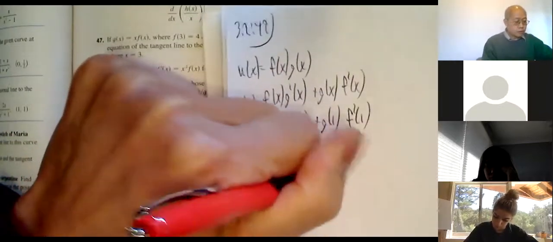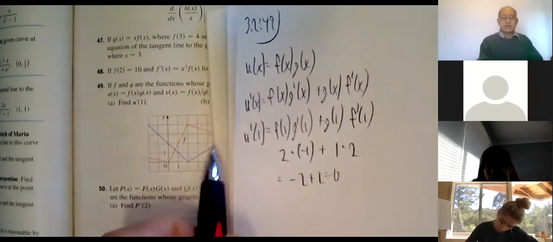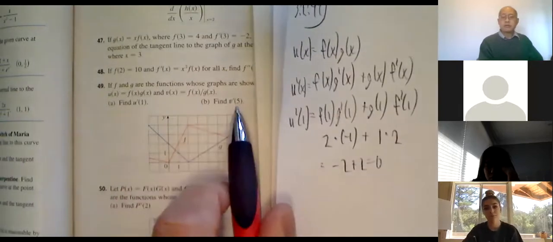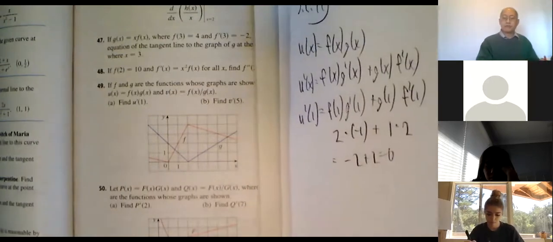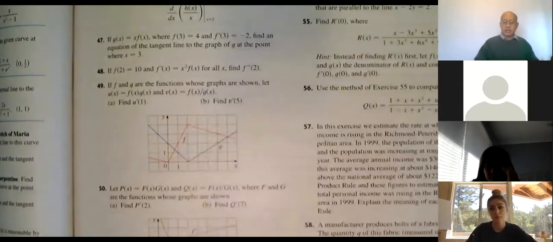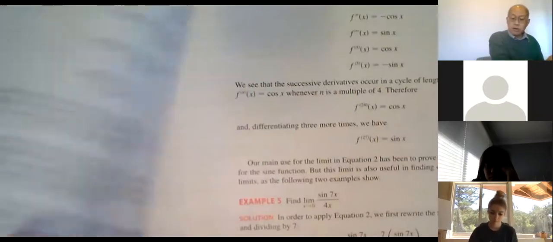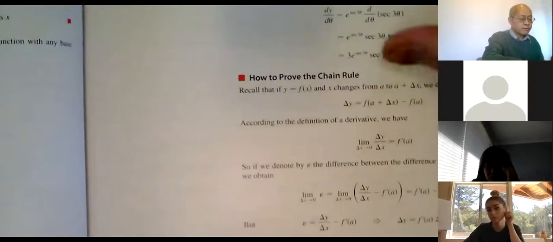Negative 2 plus 2 equals 0. Okay, and to save time, I'll just say something similar for B. Use the quotient rule, plug in 5. So as far as I'm concerned, I'm done with 3.249. If somebody still has a question with it later, you can go ahead and ask, but in the interest of getting more questions in, 3.4 had some questions here.